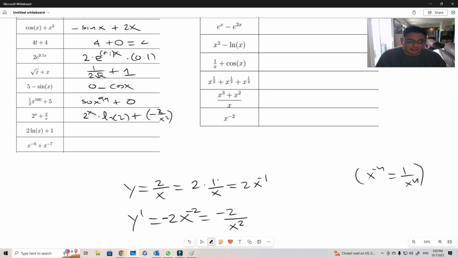Now, this here is going to be 2 times the derivative of log, which is 1 over x, so 1 over x plus 0, so 2 over x essentially. And here we have a sum of 2 negative powers, so minus 6 x to the minus 7 minus 7 x to the minus 8.